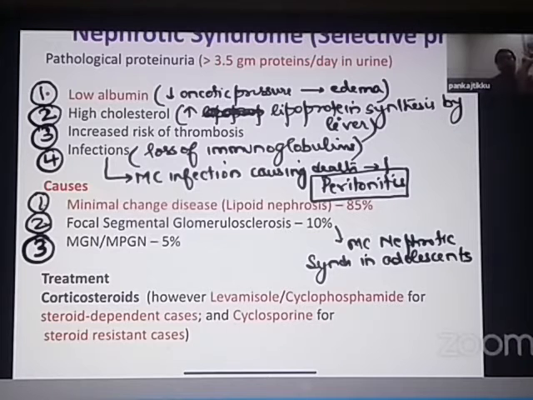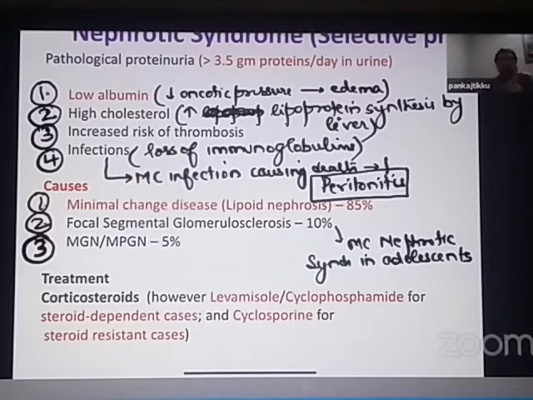So what is the most common cause of nephrotic syndrome in children? It is minimal change disease, also known as lipoid nephrosis. 85% of cases of nephrotic syndrome in children are caused by this condition. About 10% of cases are caused by focal segmental glomerulosclerosis, but most of those cases are in adolescents. That is why I am again and again saying that in adolescents, the most common cause of nephrotic syndrome is likely to be focal segmental glomerulosclerosis.